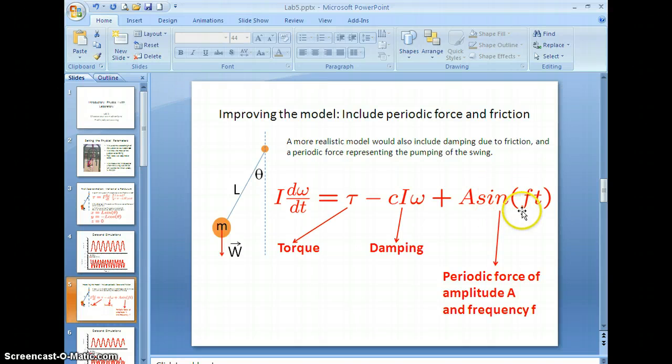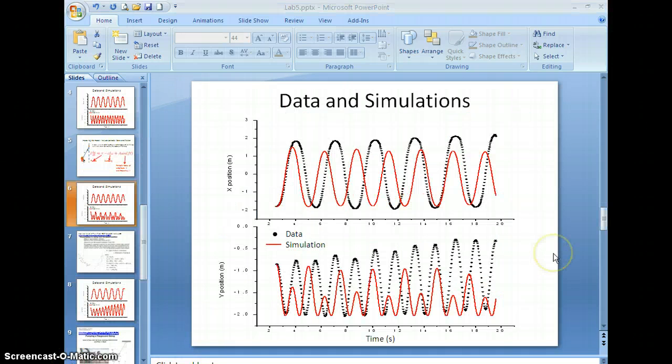We assume that the frequency f of the periodic force is the same as the angular frequency of the pendulum. When we run the code with this new model, we don't see much of an improvement. The period is a little better with respect to the previous model, but again we don't have a good simulation for the amplitude.